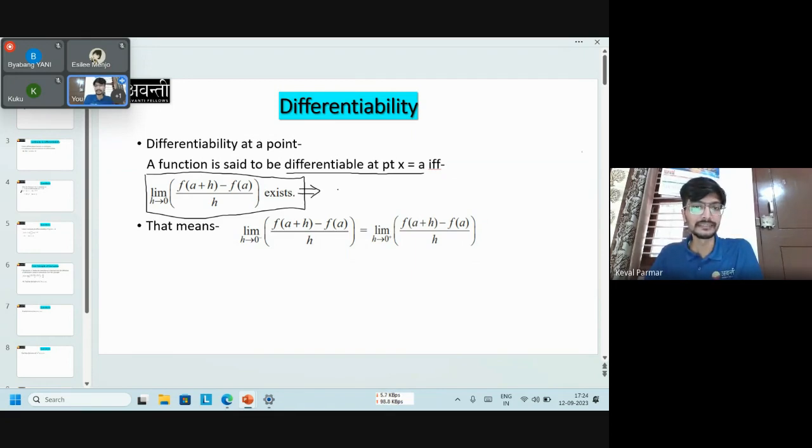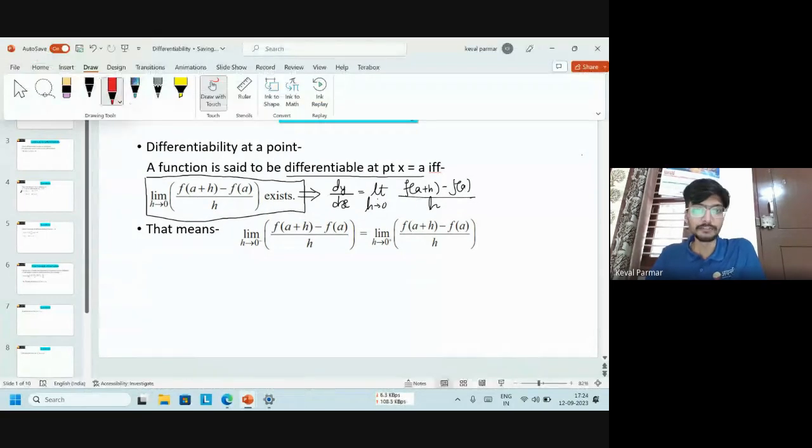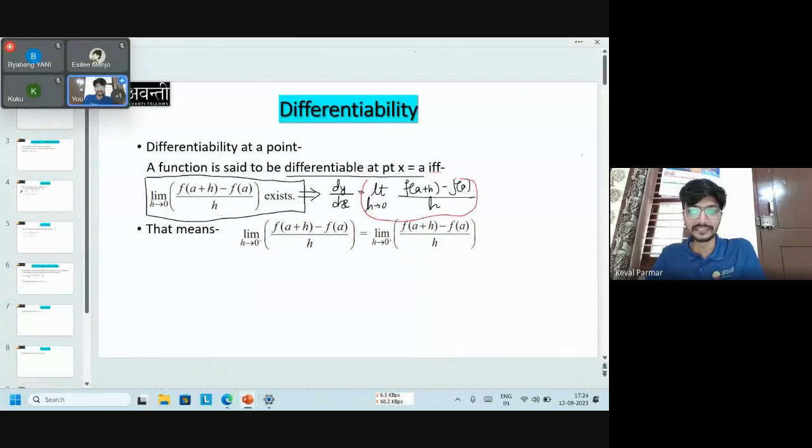That means I can write dy by dx as the limit h tends to 0 of f of a plus h minus f of a upon h. So if this limit exists, the derivative exists, and if this limit does not exist, the derivative does not exist.